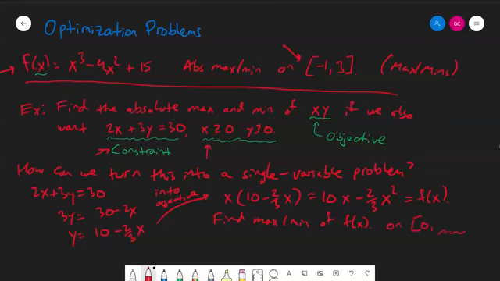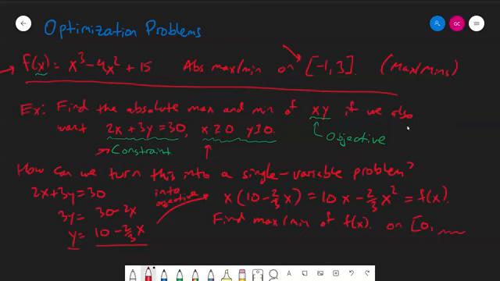But now, how big could x possibly be? Are there any restrictions? Well, it turns out that there are, because we also want y to be positive. So what happens is that if x is something really big, for example, if x were 1,000, well then y would be 10 minus 2/3 of 1,000, which would force y to be negative.